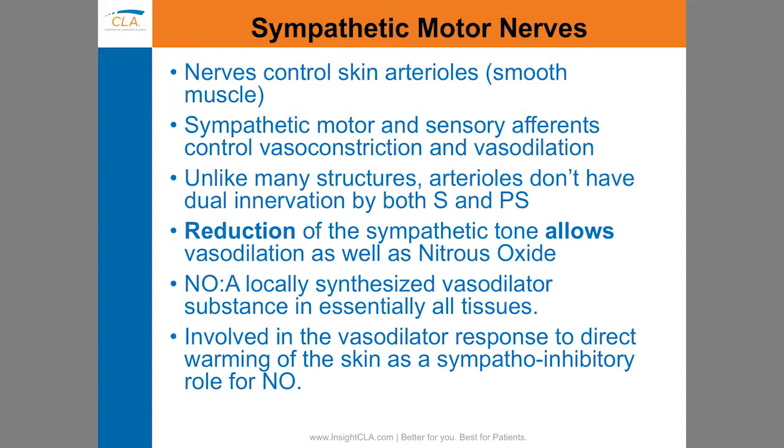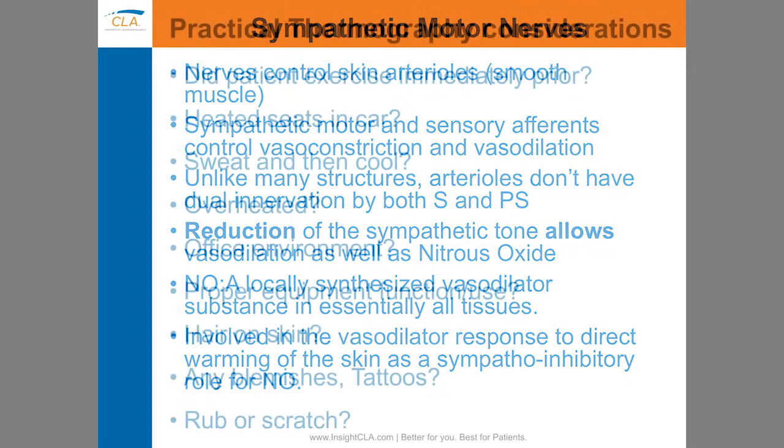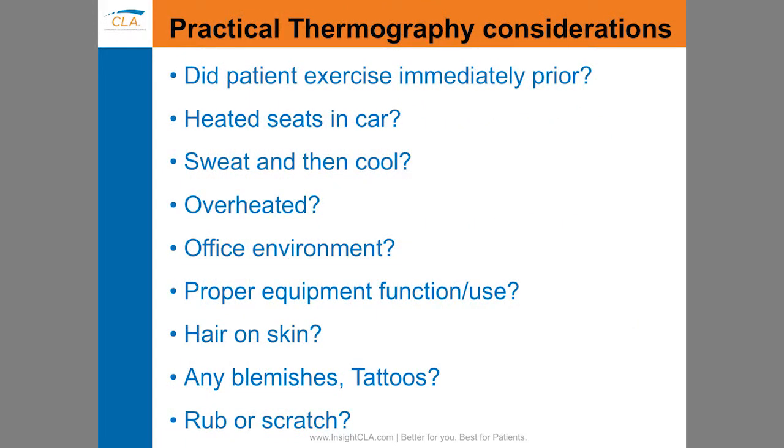And when you start to lose that natural regulatory control, nitrous oxide kicks in as well locally, and you get this sympatho-inhibitory role of nitrous oxide. So this is why it's so cool, because we get a chance to look at the sympathetic motors that are affiliated with this relationship between vasoconstriction and its being inhibited, which causes the vasodilation, with the response also of the nitrous oxide. So that's wonderful to know how our body systems are working.